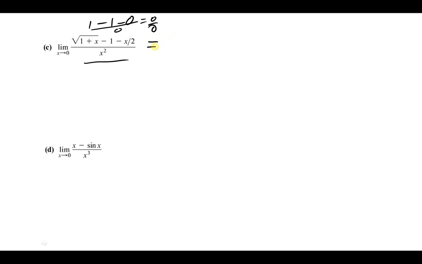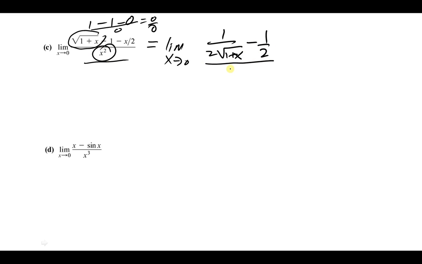You'll remember that the derivative of the square root of 1 plus x is equal to 1 over 2 square roots of 1 plus x, minus 1/2, divided by the derivative of x squared, which is 2x.